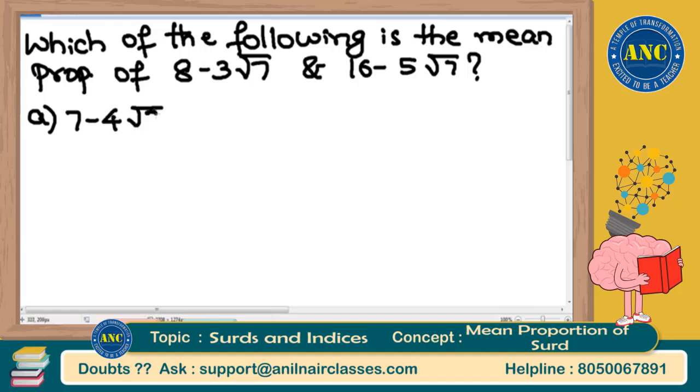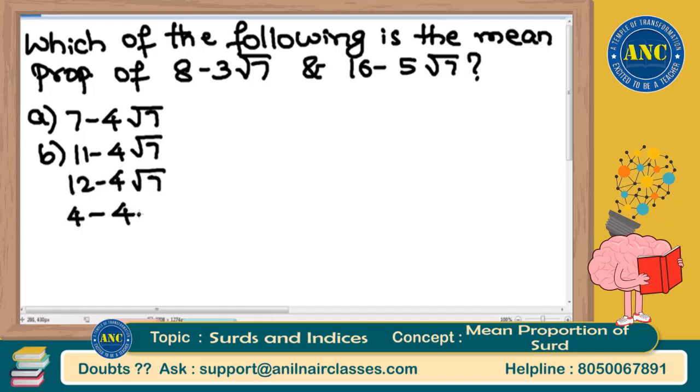Options are 7 minus 4 root 7, 11 minus 4 root 7, 12 minus 4 root 7, 4 minus 4 root 7 and 14 minus 4 root 7. Now listen carefully, sir. Beautiful way of solving problem.